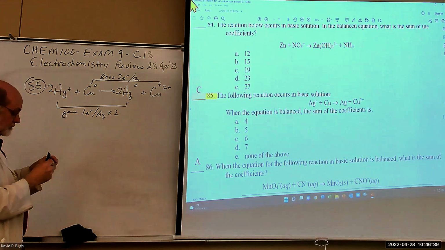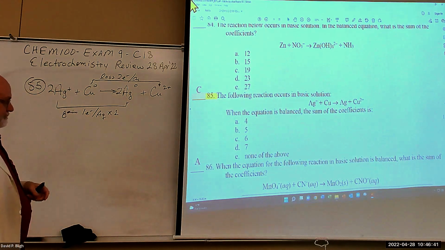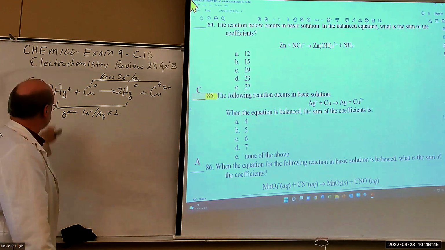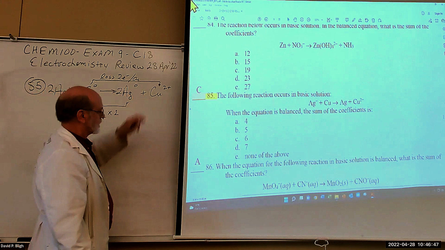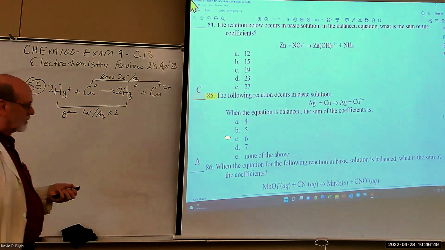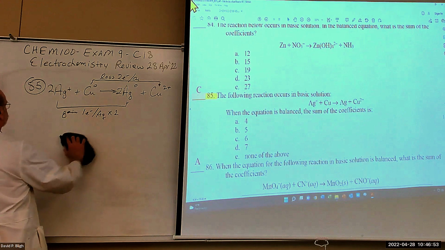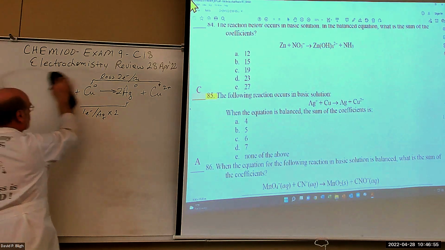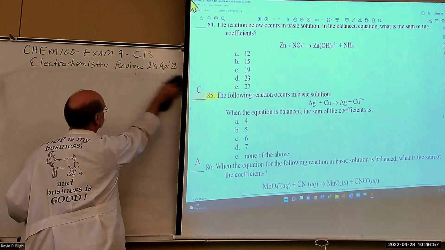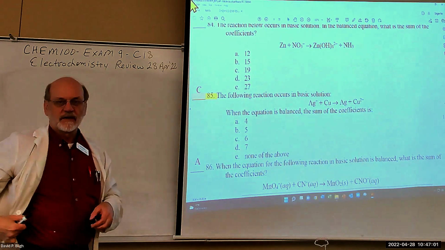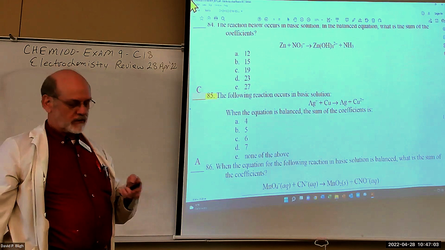There we go. The equation is balanced. The sum of the coefficients is 2, 3, 4, 5, 6. Trick question. If there's no oxygens or hydrogens involved, it doesn't matter whether it's basic or acidic.